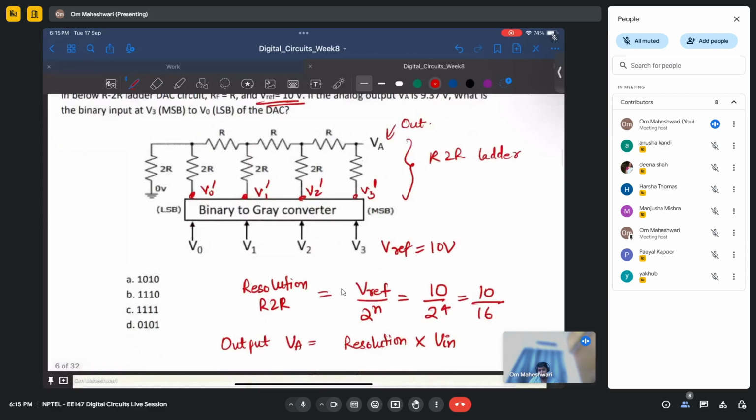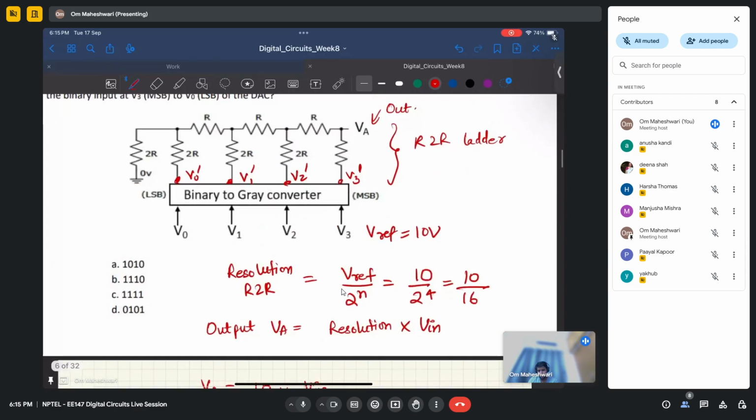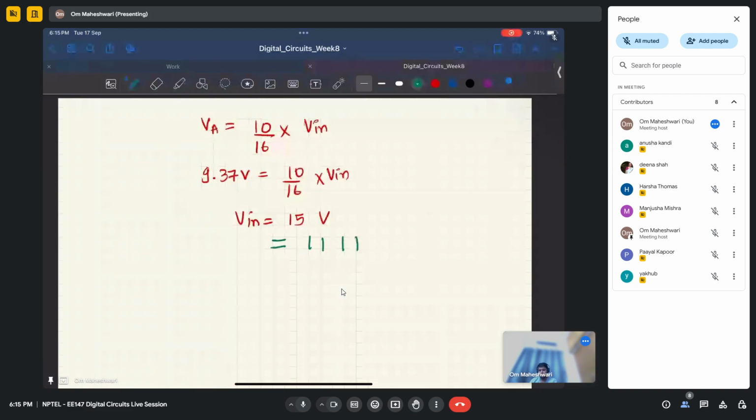Now, what this means is, in essence, you have applied some binary equivalent worth 15 volts here. To find V0 dash, V1 dash, V2 dash, V3 dash, we must convert this 15 into binary form. And 15 in binary form is 1 1 1 1, right?